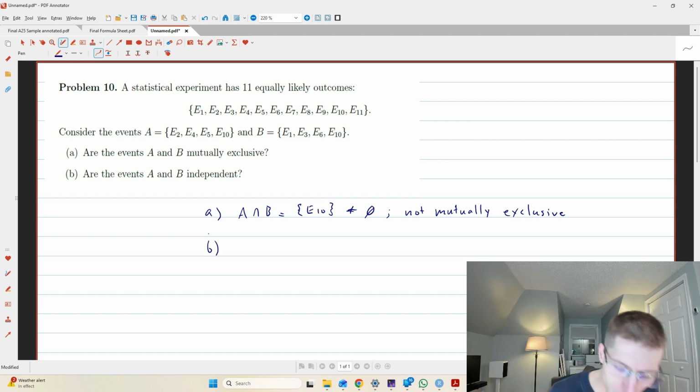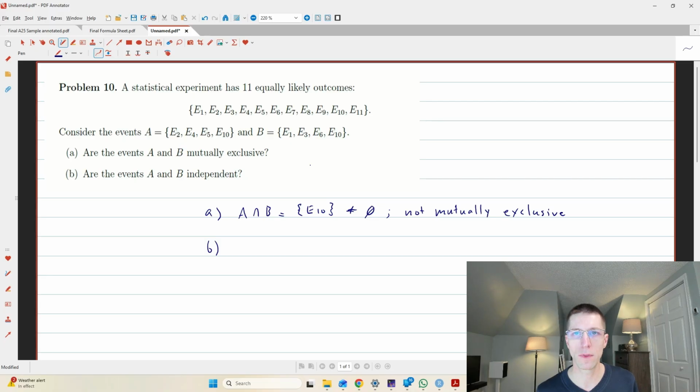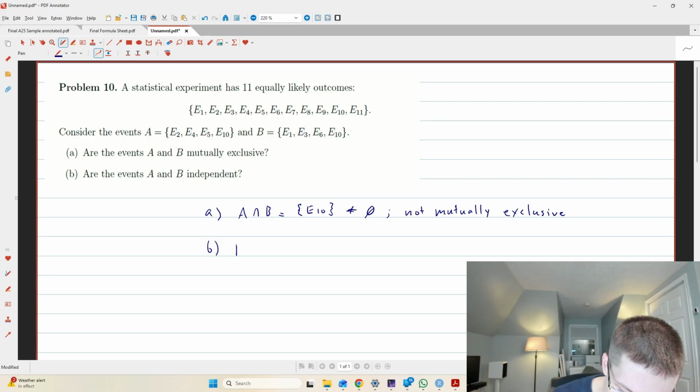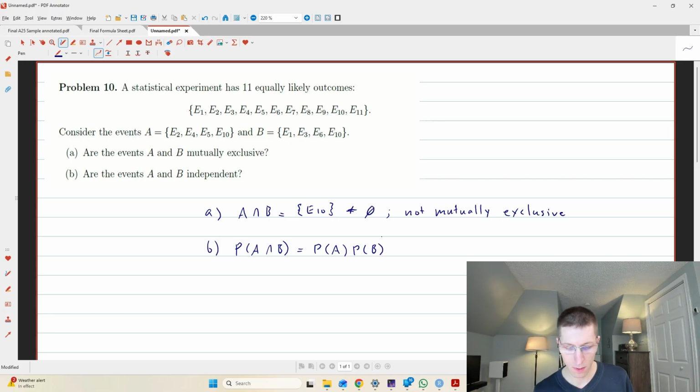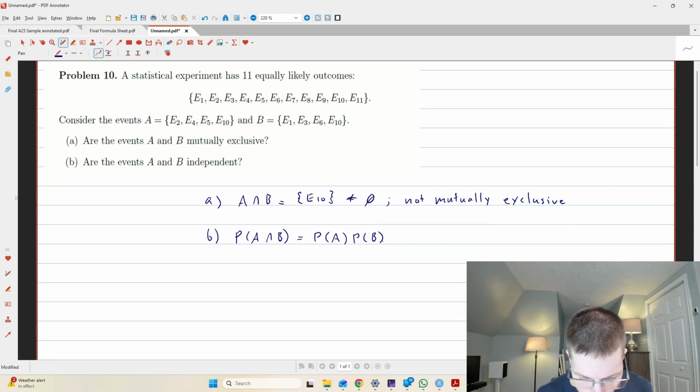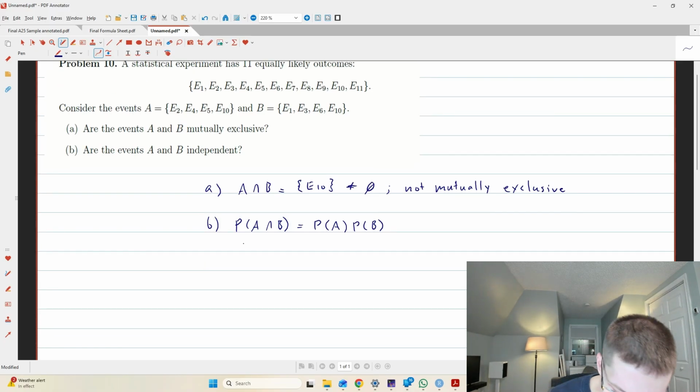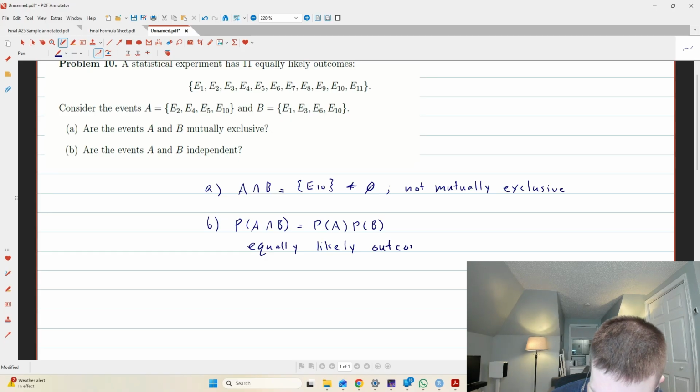For part B, B is a little bit more subtle. You may remember that one way that you can define or check independence is this property that the probability of the intersection is the product of the probabilities. So that's derived from the conditional probability formula. In this case, we have equally likely outcomes, and there are 11 of them.